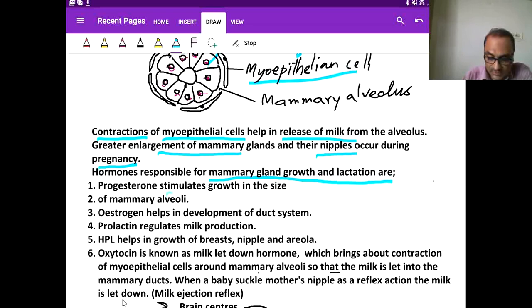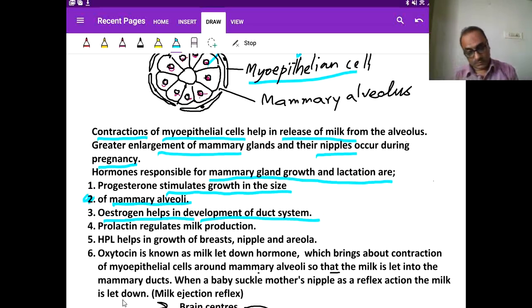Progesterone stimulates the growth of the mammary alveoli, helping in the growth in size of the alveoli. Then estrogen helps in development of the duct system, that is the mammary ducts and the lactiferous ducts. Those duct systems develop by the stimulus coming from the estrogen.